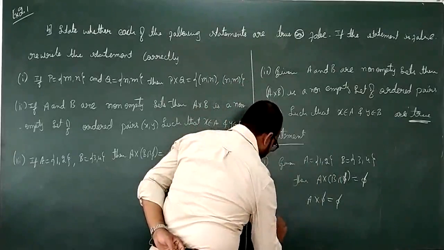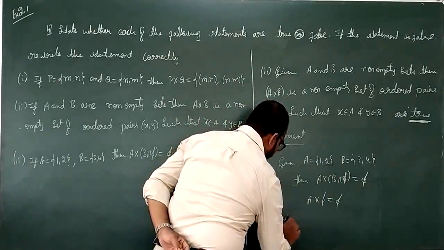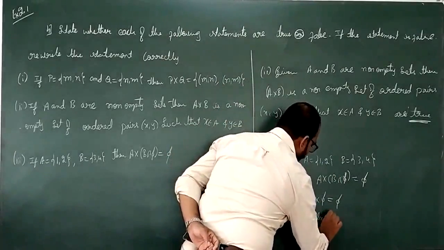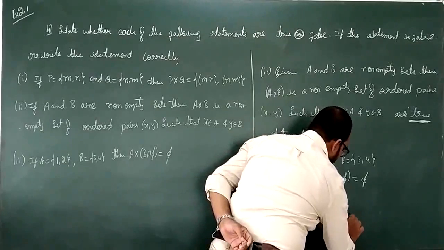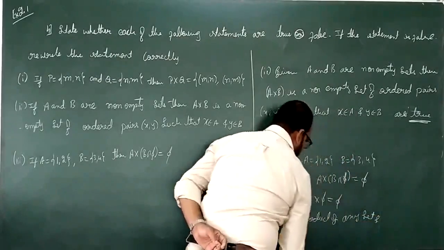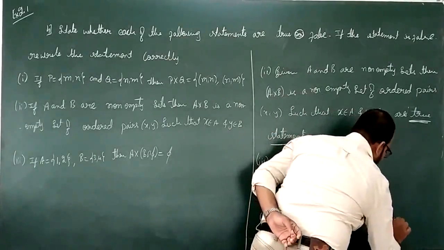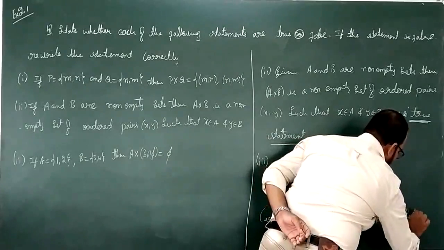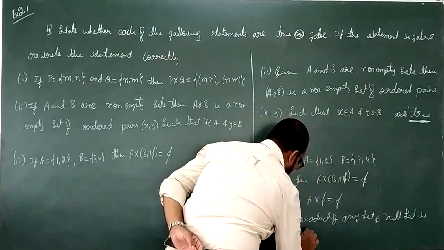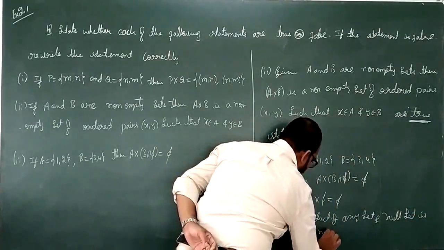Write here: the Cartesian product of any set and a null set is again a null.